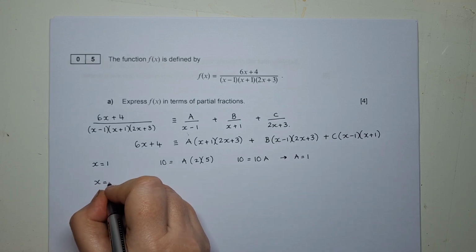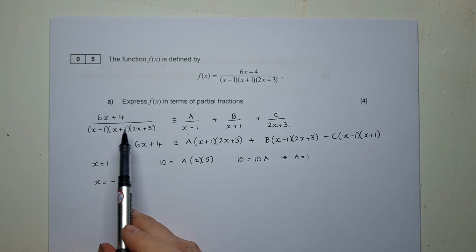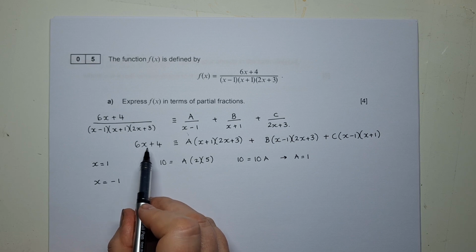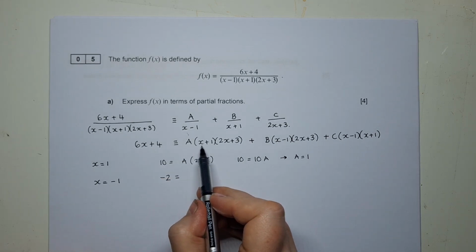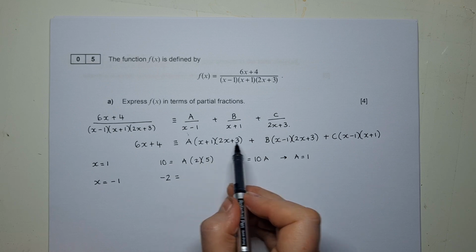Okay, let's use another choice. So if we choose x to be negative 1, that's going to make the second bracket 0, because minus 1 add 1 is 0. So subbing in minus 1, we're going to get 6 lots of minus 1 is minus 6, add 4 is minus 2. Our x plus 1 bracket is going to disappear, so we're not going to get any a's.